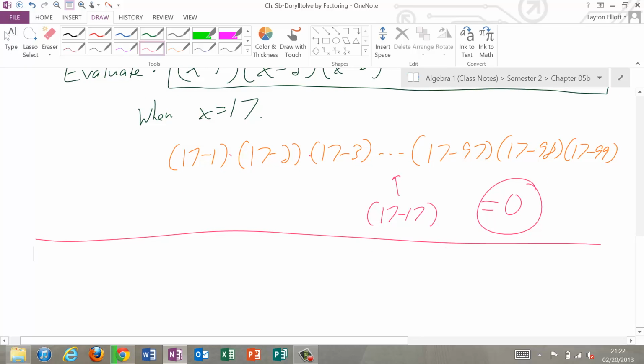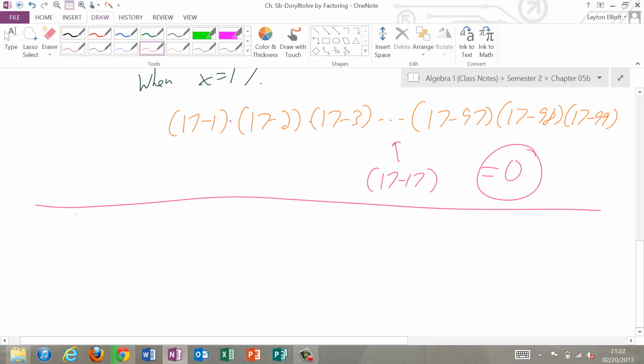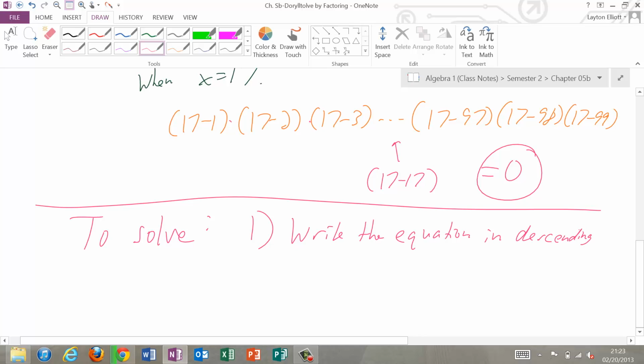We're going to solve some equations now, and to kind of review. To solve, step 1, we're going to write the equation in descending order. That means with the biggest power to the left.